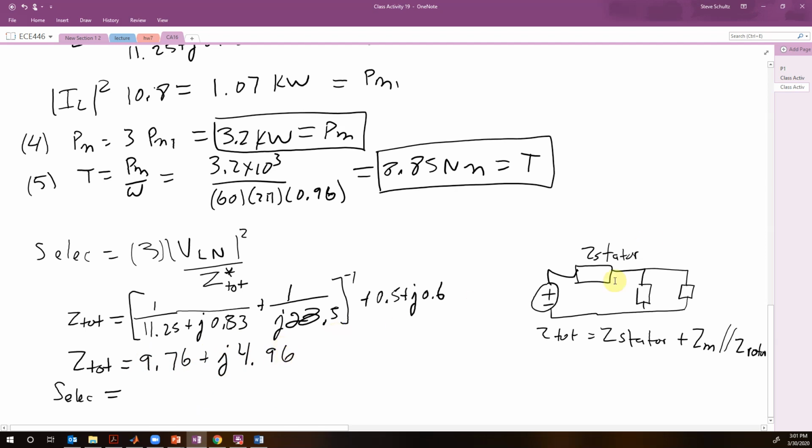Okay, so now my S total is equal to 3 times my 120 squared divided by my Z total conjugate, which is equal to 3.52 times 10 to the third plus j1.787 times 10 to the third.